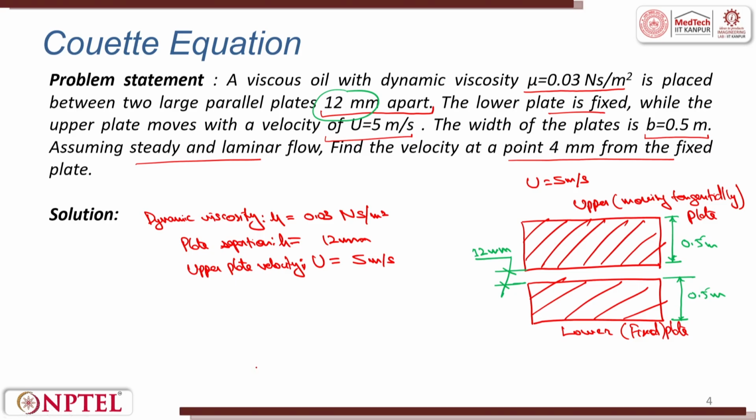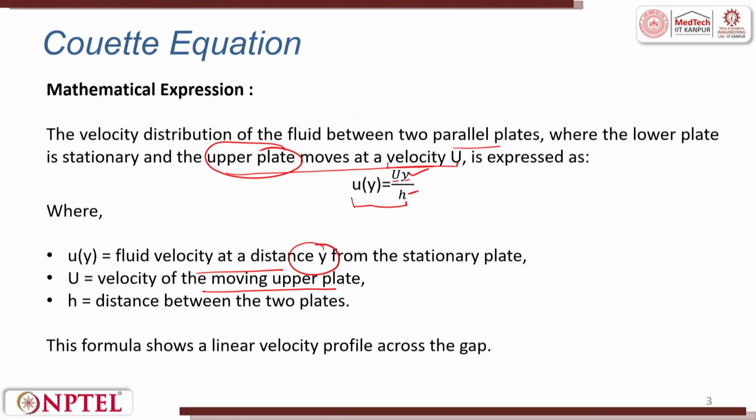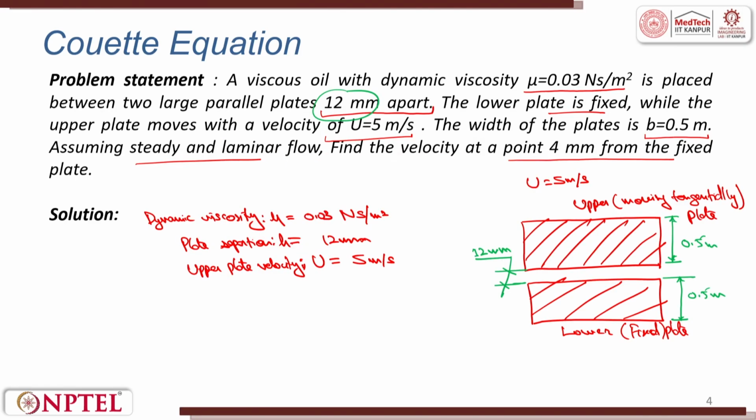We might not even require the width here, because if you see the relation for the velocity distribution, the fluid velocity at distance y is U y by h, that's all. So let me put the relation here.